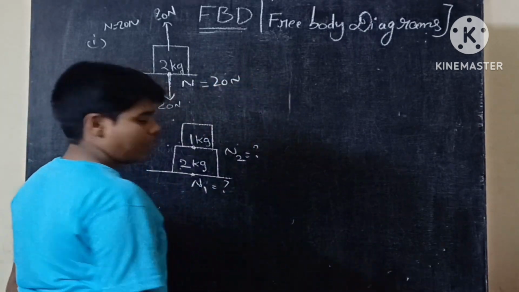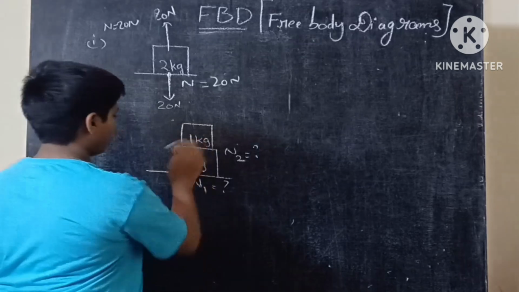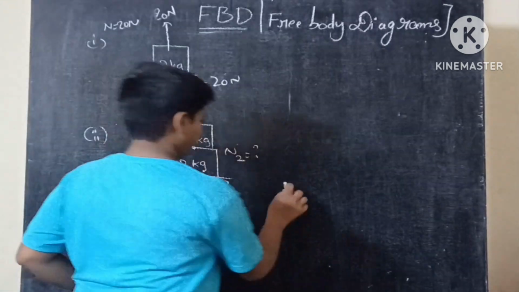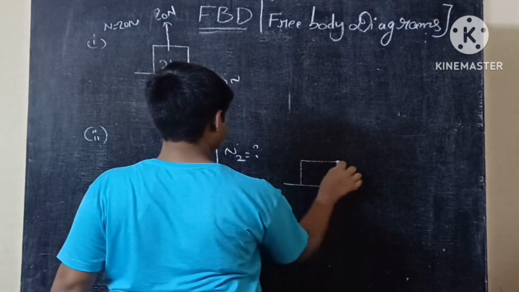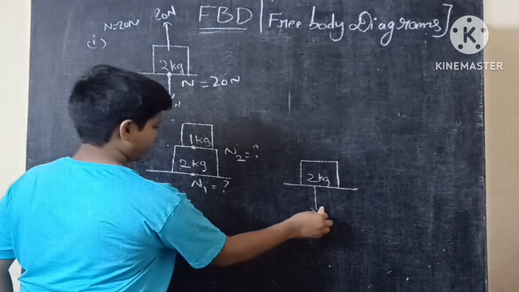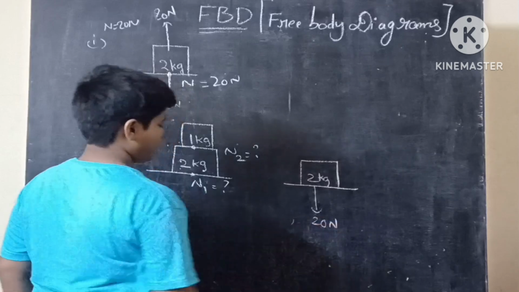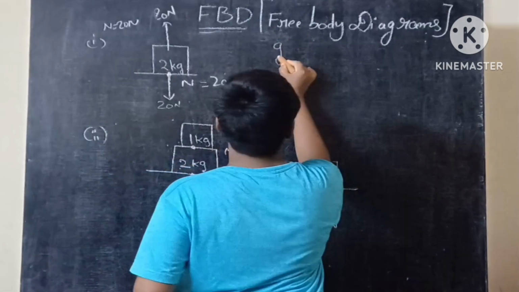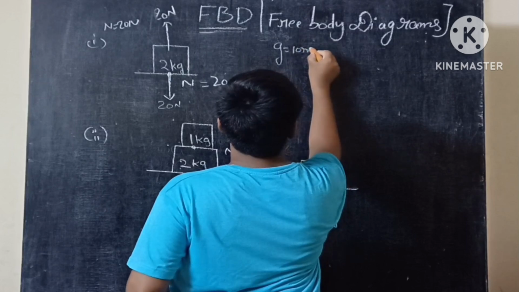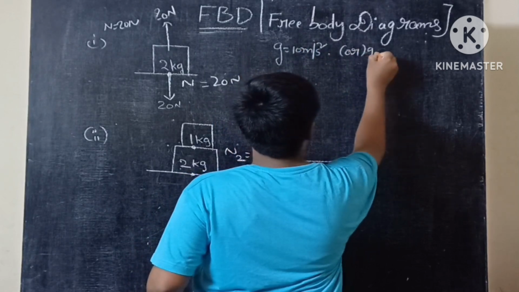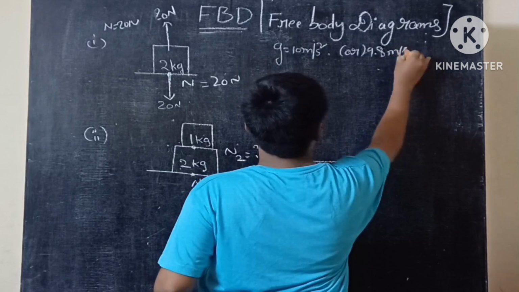To isolate these two bodies, first take the bottom body, 2 kg. Here the weight is 20 newtons. We have to remember the value of gravity as 10 meter per second square, or 9.8 meter per second square.